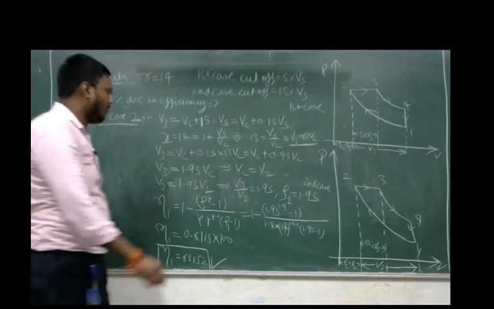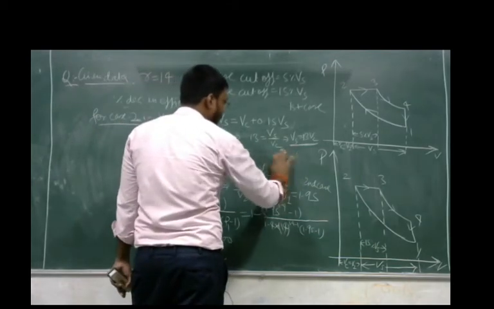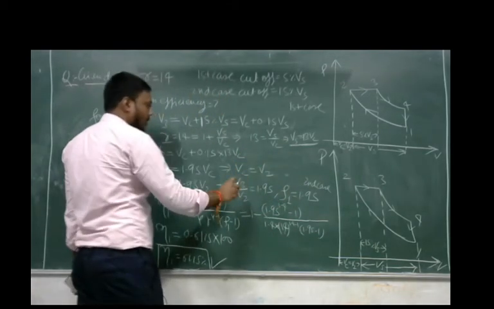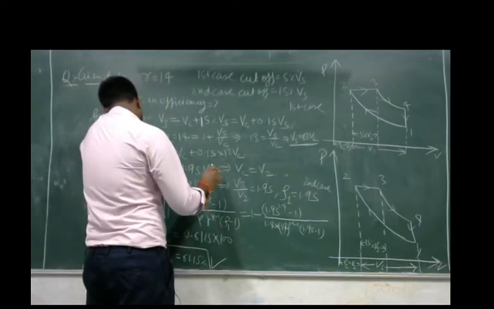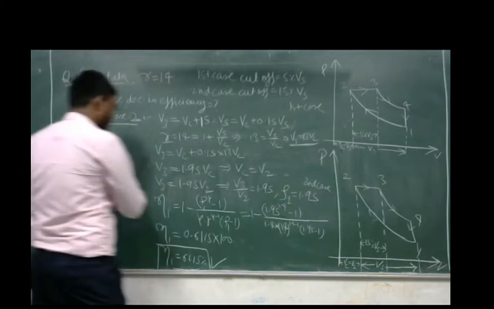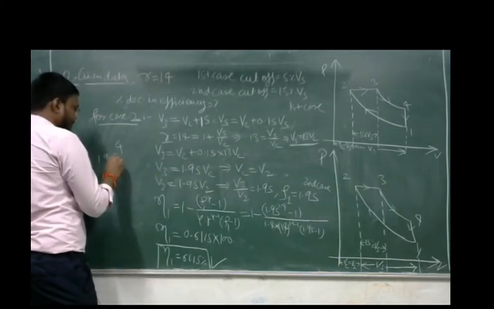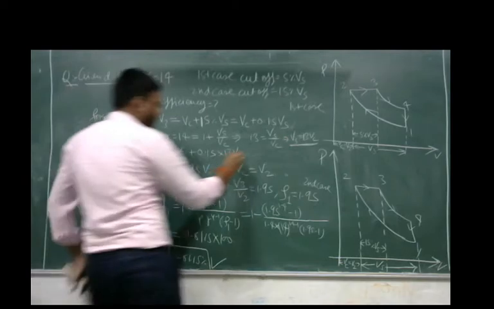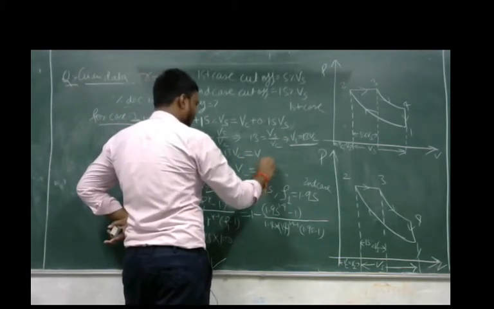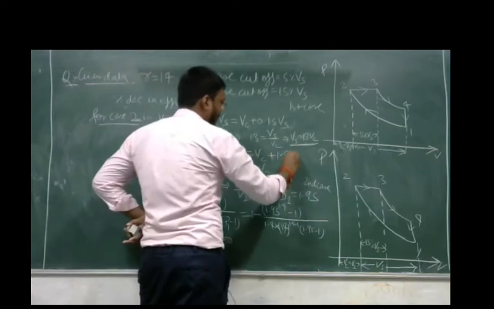When you multiply 0.15 into 13 we get 1.95 Vc.